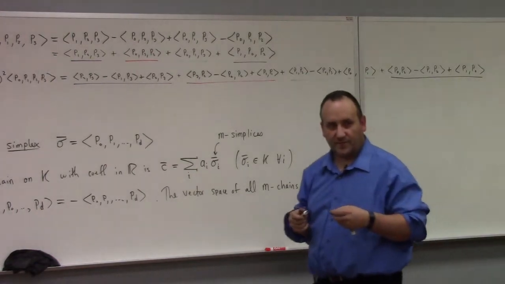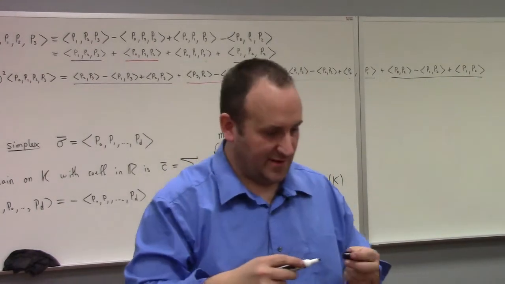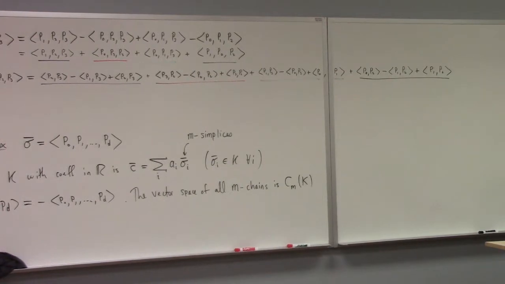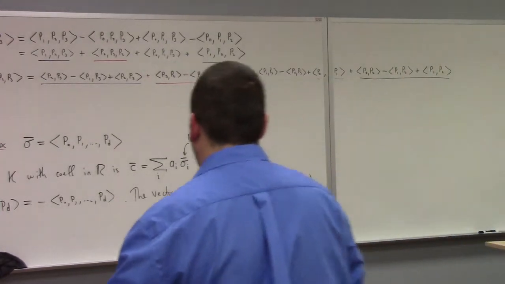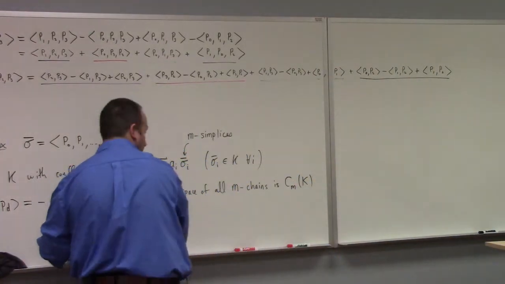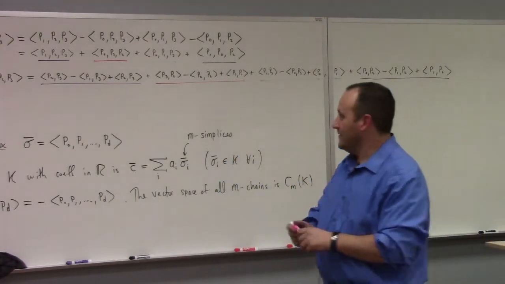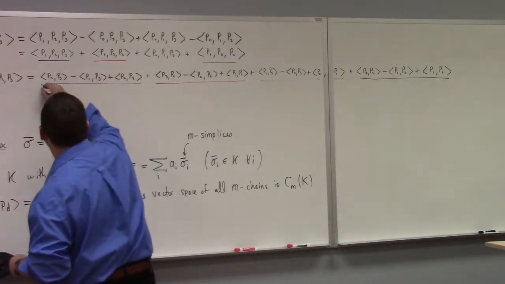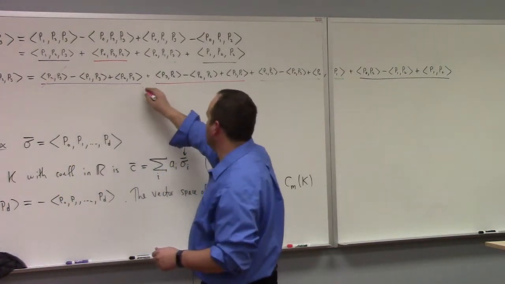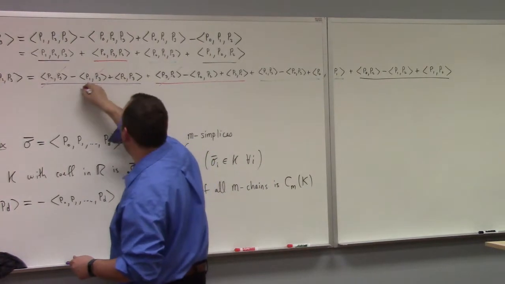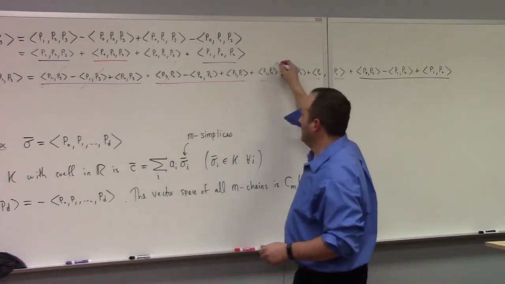If you get far enough away from the board, you should be able to see how those all cancel out. Seems like a job for the pink marker. 2, 3 cancels with 3, 2. This 1, 3 cancels with that 1, 3.